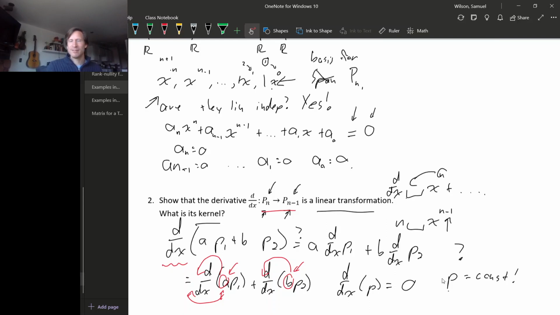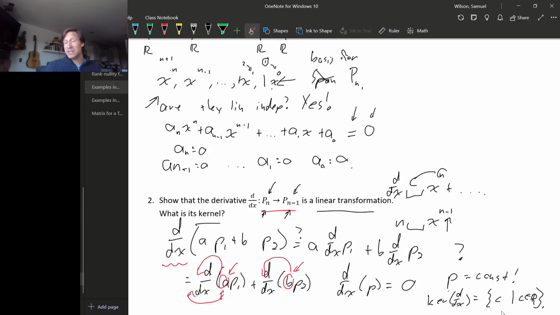So the kernel of the derivative is just the collection of constants, constant polynomials, that is degree 0 polynomials.